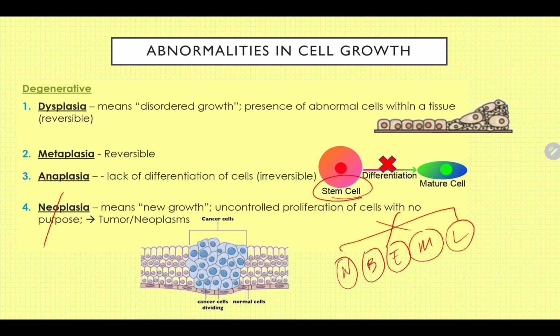So, over time, those cells will tend to crowd or agawan na ng space yung mga normal cells doon. So, take a look at this picture po. We have the normal cells and then we have the cancer cells. The cancer cells are now eating this particular area, and they are dividing fast. So, let's talk more about the tumor na part or sa mga neoplasm, as we go through with the next slide.